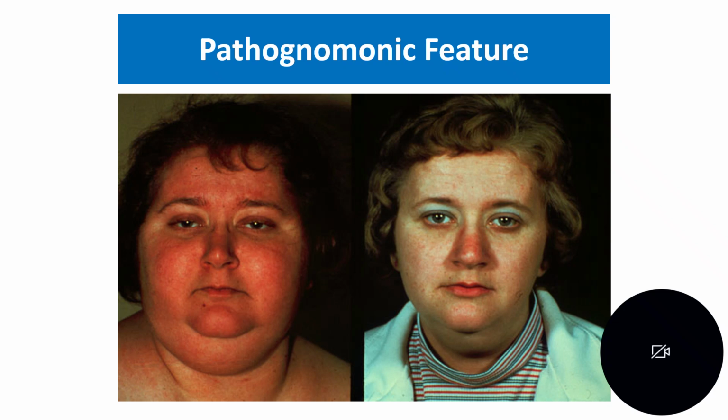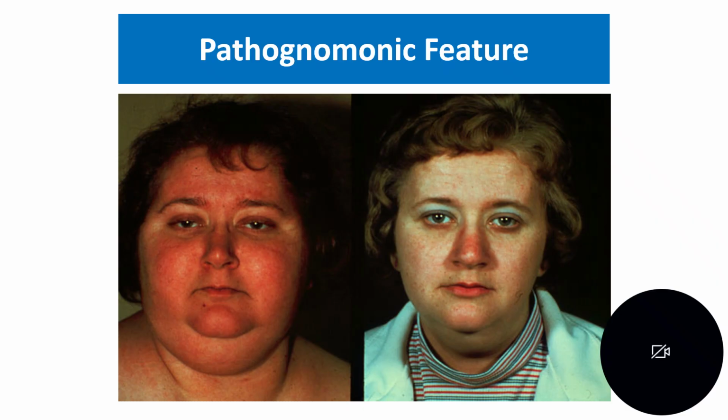If you had access to a previous photograph from a year ago, this is what she looked like a year ago. This pathognomonic feature is called moon face, and obviously if I mention the word moon face, you're going to tell me this is obviously Cushing's disease or syndrome.